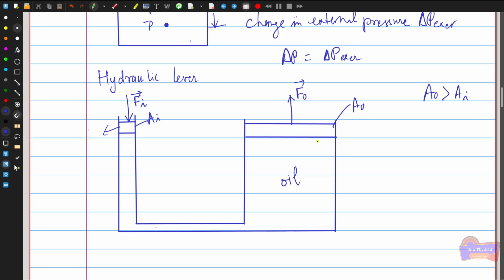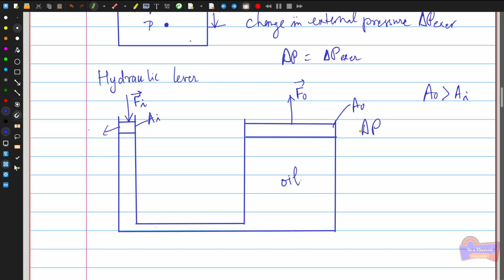To keep the system in equilibrium, there must be a downward force of magnitude F_o on the output piston from an external load acting on the hydraulic lever, while the force F_i is applied on the left-hand side. This is what makes the pressure difference, taken as delta P, in the liquid.